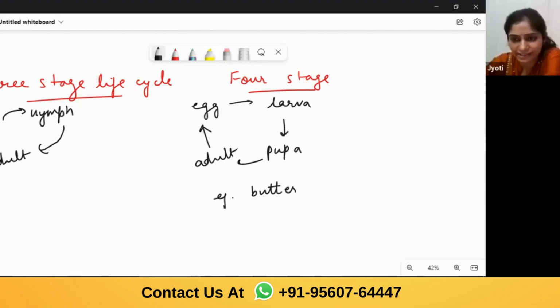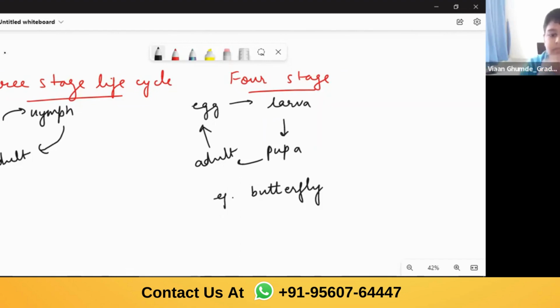Can we write like this? Yes. Okay. Written, Vian? Okay. So if you remember this, you can easily judge whether an animal has a 3-stage life cycle or a 4-stage life cycle.